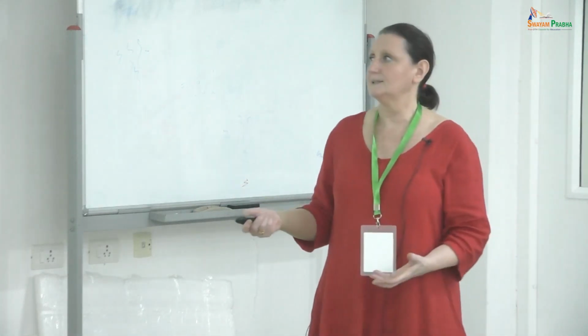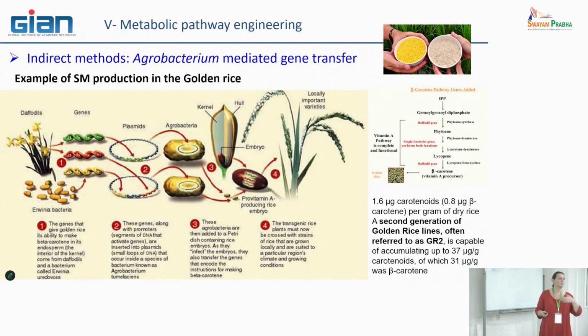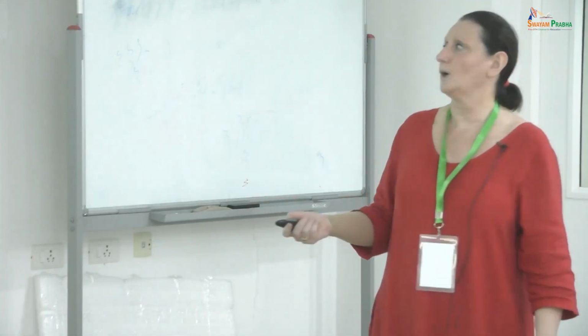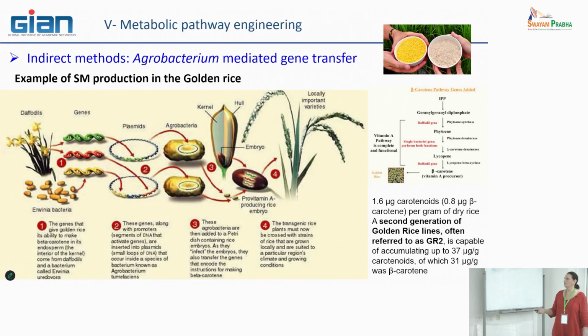And from these cells, they produced some callus, and from this callus, they regenerated plants, and they obtained several plants of rice that, for some of them, not all, were able to produce beta-carotene. It was easy to see because the color of the rice is naturally more gold than the normal one. This is why it has also been named golden rice.